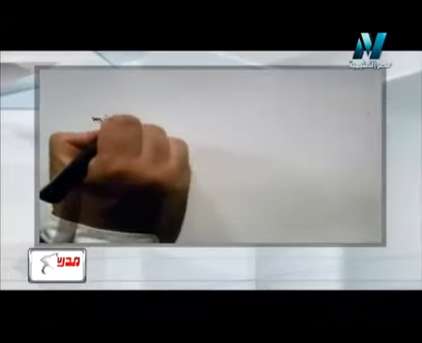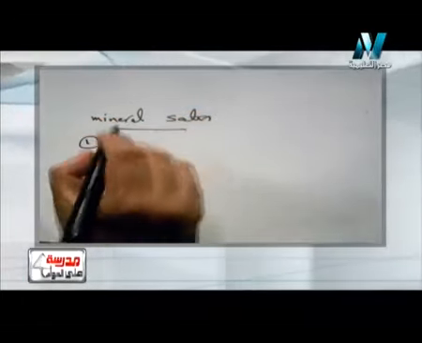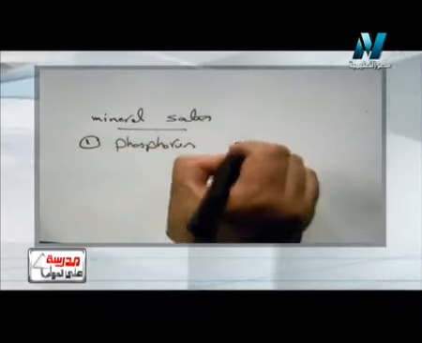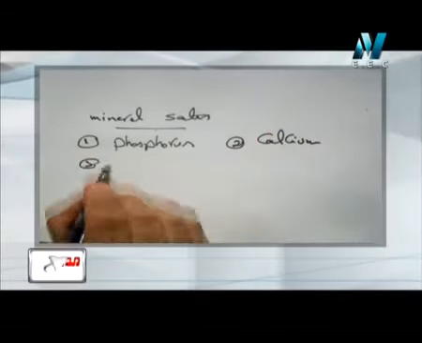Also, what are the mineral salts the plant needs? We have many important mineral salts that the plant needs, such as number 1, phosphorus. Number 2, calcium. Number 3, for example, magnesium.